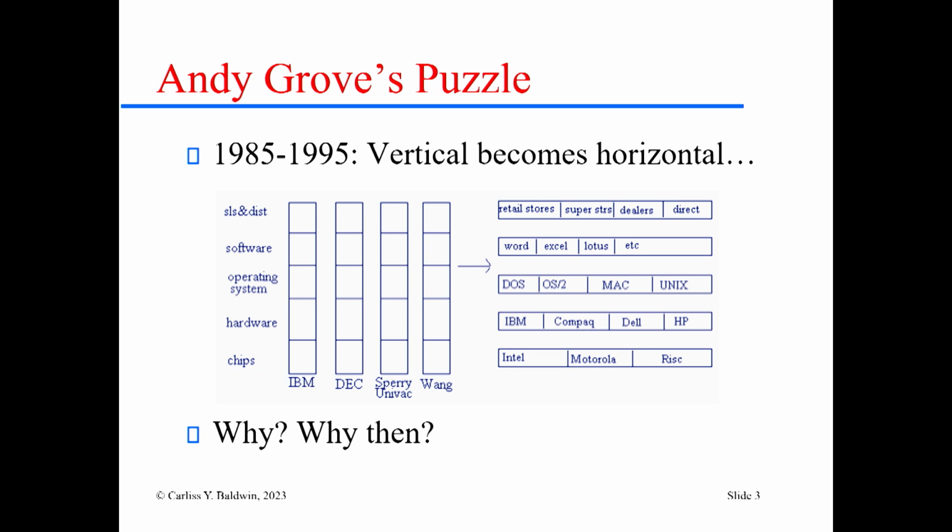With the advent of the IBM PC, and I'll talk about what it did, we saw a fragmentation of the industry. It split apart to become a platform ecosystem. Actually, many platform ecosystems, the biggest of which was Wintel. So why? And why the transition? Why then? Why that industry?